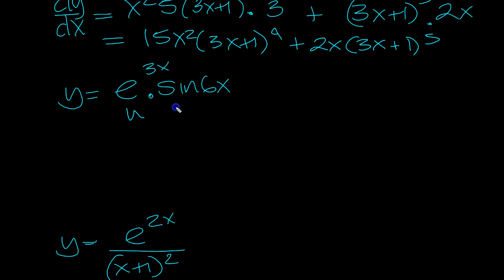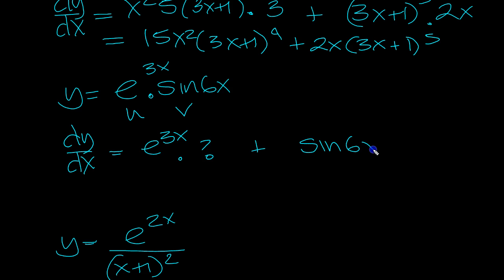Here we've got a product again, so use the product rule. dy/dx is u times dv/dx plus v times du/dx. Now, I put two question marks because both of these subproblems are in themselves functions of a function.